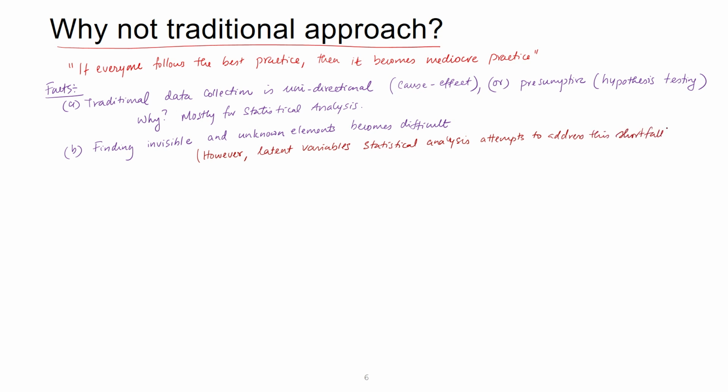So, what we are saying is the invisible and unknown becomes difficult because of this unidirectional presumptive data collection. Because the fundamental logic is statistical analysis, that is why we collect data for that.